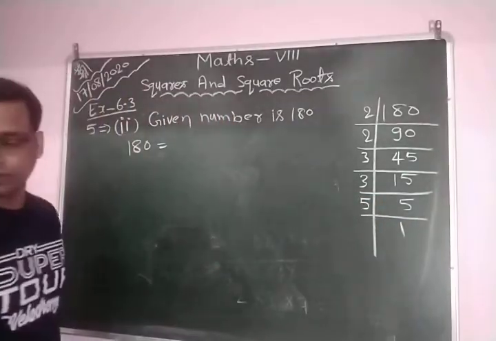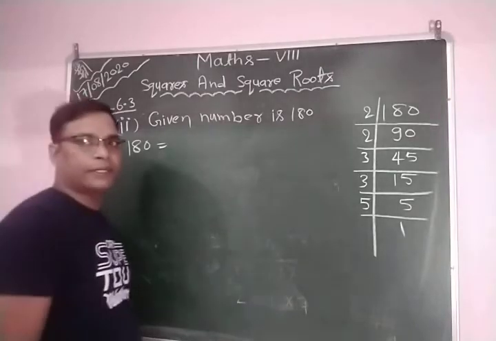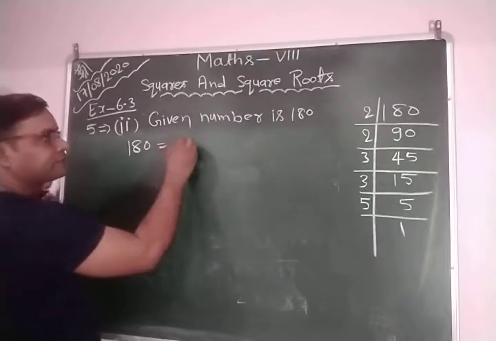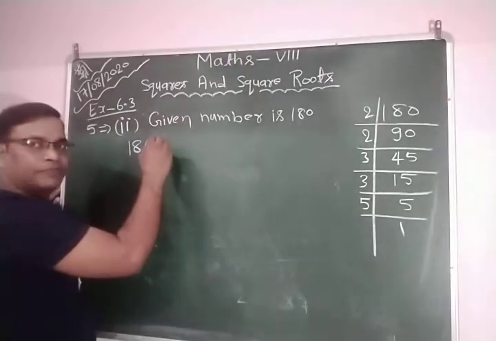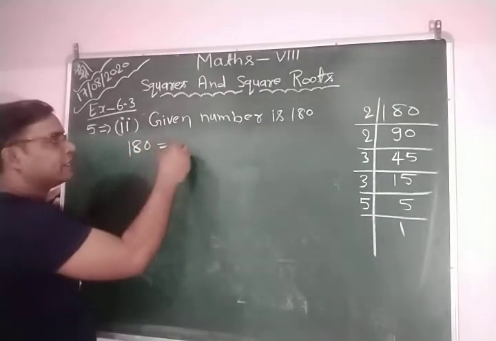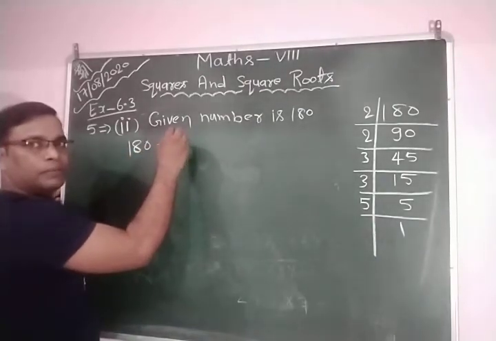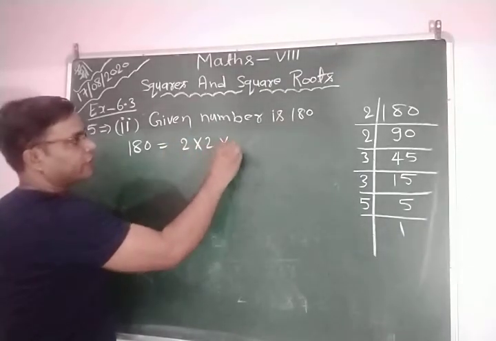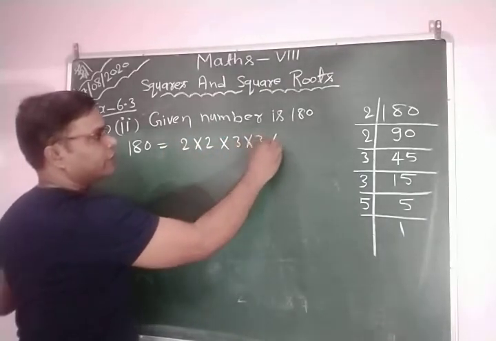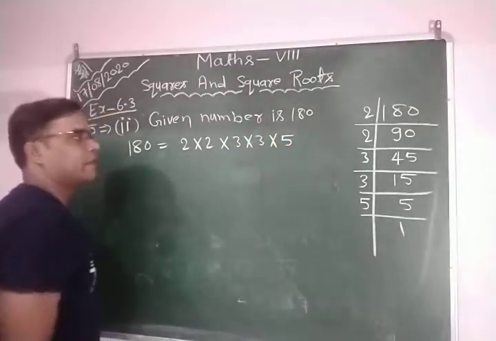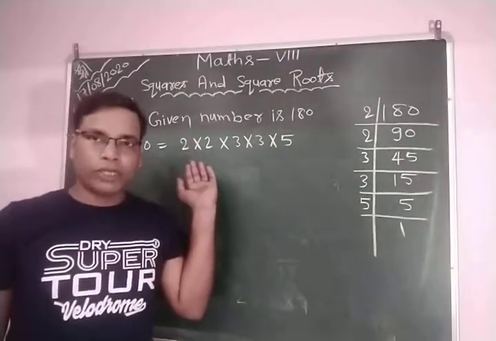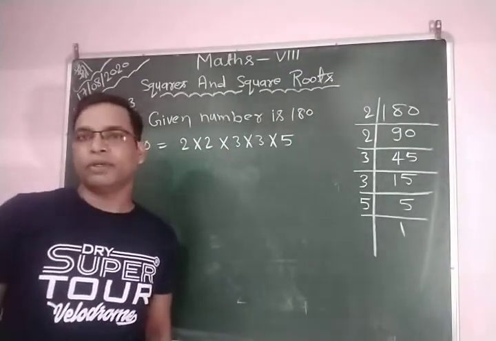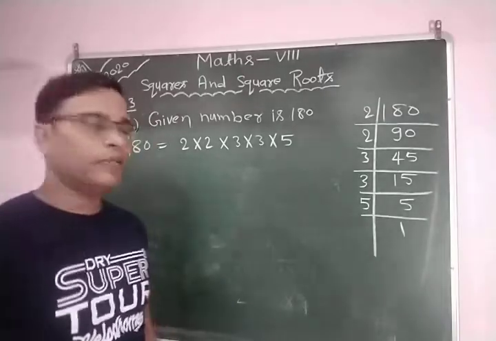Okay, so we can express 180 in the form of prime factors. So here 2 into 2 into 3 into 3 into 5. Okay, so you can see here 2 into 2 has a pair, 3 into 3 has a pair, but 5 has no pair.